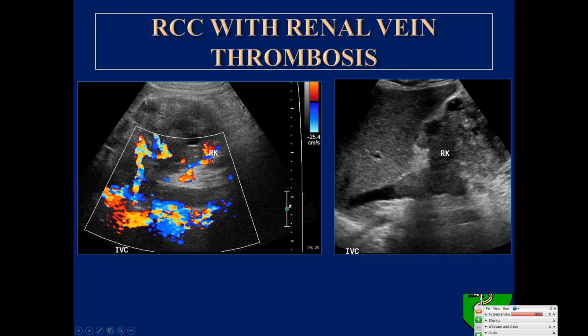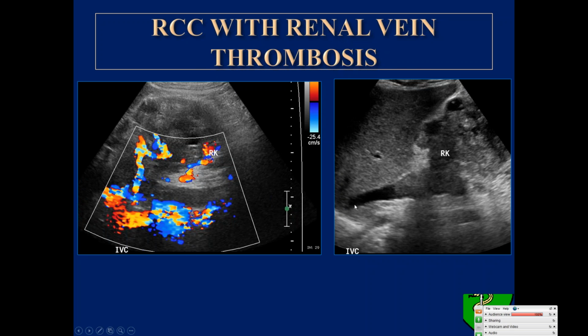In this patient, we have a big mass that extends into the main renal vein and also extends into the IVC distal to the renal mass, as well as above the kidney. And this was a renal cell carcinoma with tumor thrombus extending into the main renal vein and IVC.